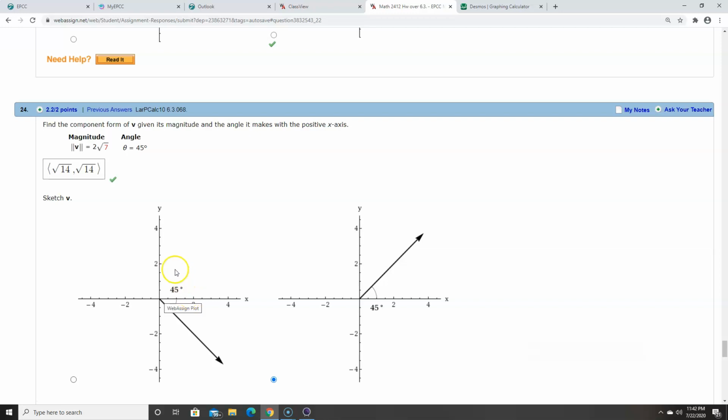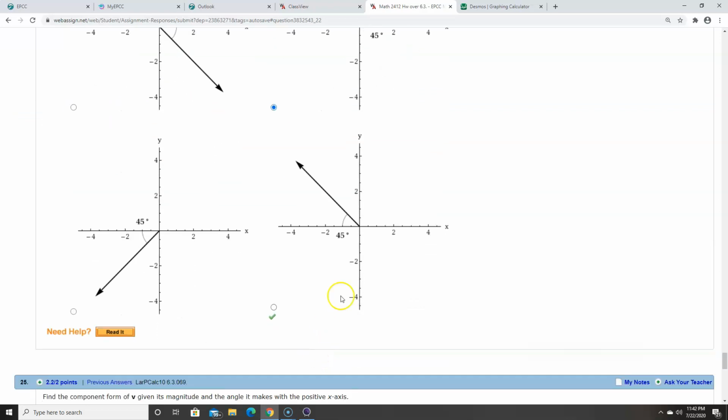Well, we know positive is counterclockwise, and so this one's negative, so that's not it. That's wrong. This one's 45 degrees. This one is not 45 degrees. The reference angle is 45 degrees, but this would be 135 degrees. It would be 180 minus 45, 135.